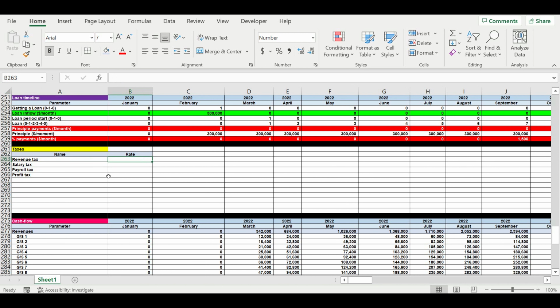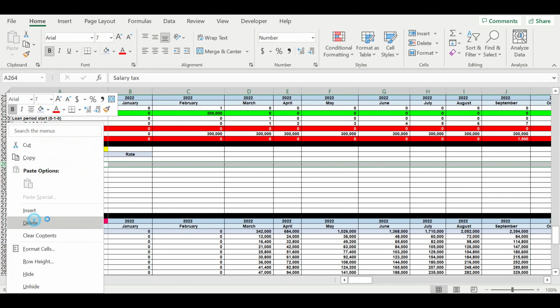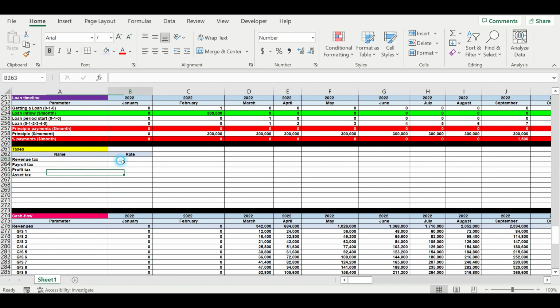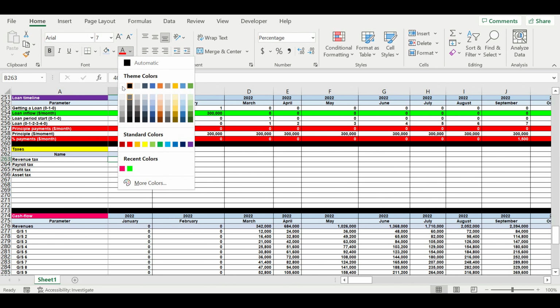And also asset tax. Salaries and payroll are the same, so we can delete one. Revenue tax, let it be, for example, 4%.